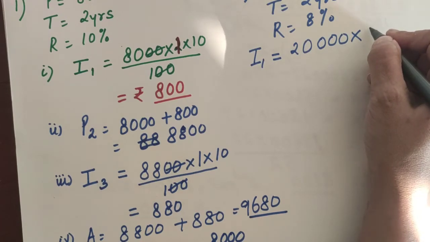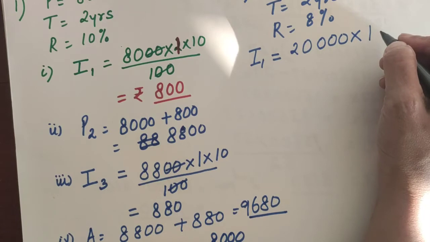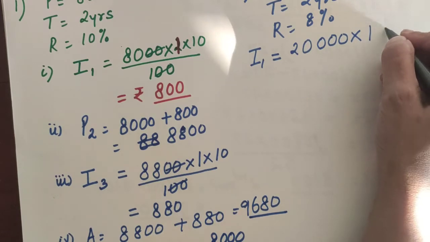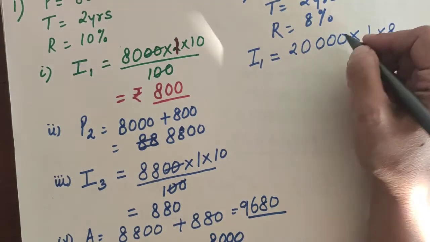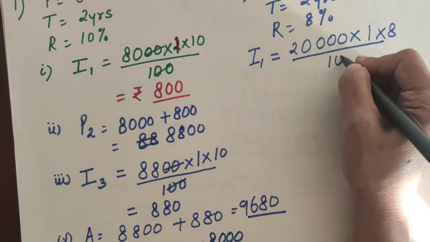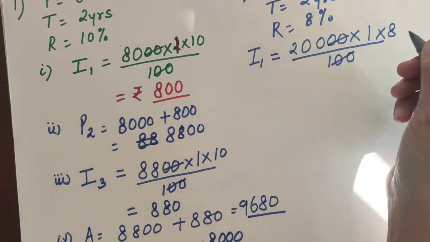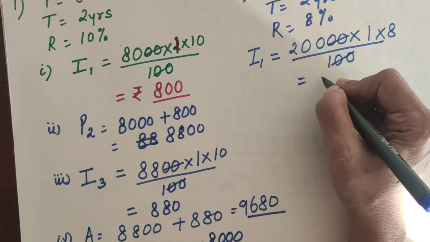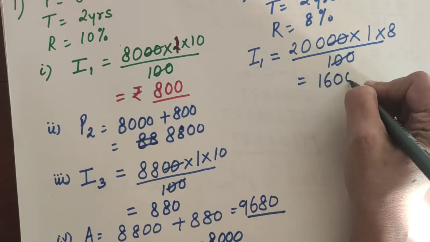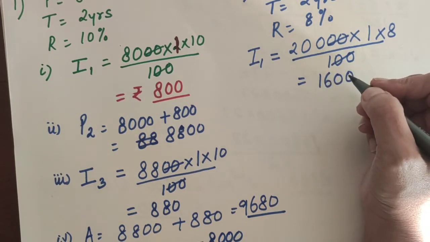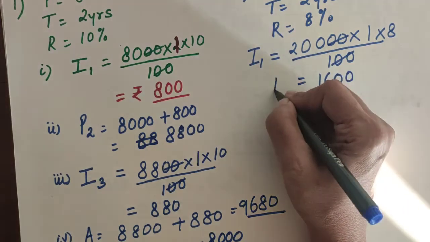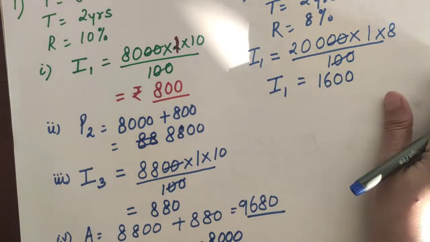Time will be 1 into 8 upon 100. So 8 2s are 16. It is 1600, your interest at the end of the first year. It is the same as question number 1.